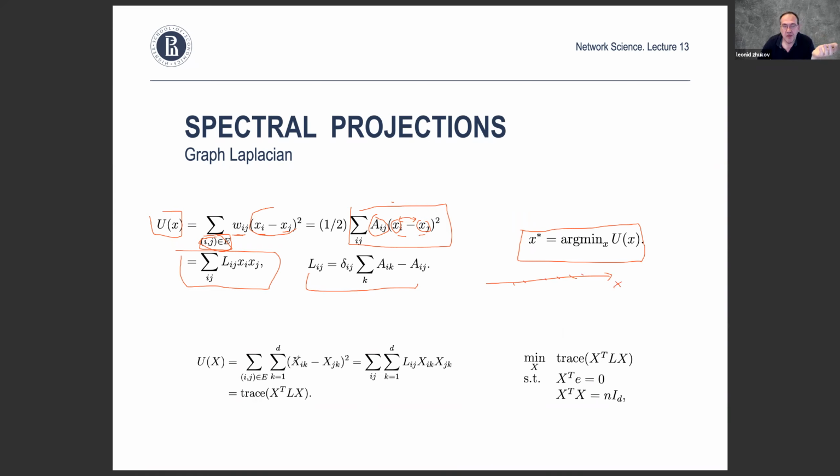If you want to go for higher dimensions, no problem. Just instead of xi, xj, you put here matrices xi with xik, and instead of a simple sum, it goes for the trace. And then we have to add some constraints again to prevent collapse of all the nodes onto the same point.